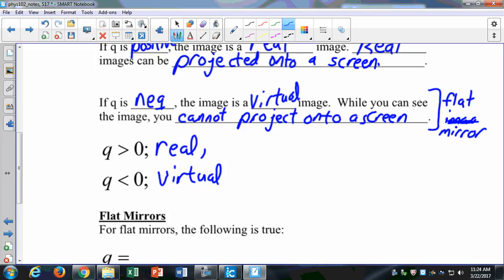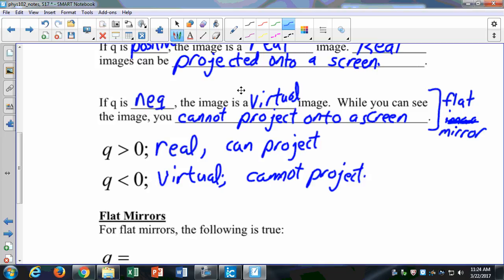Real images can project. Virtual images cannot project. But it's very important to remember these sign notations. We'll use them later. They'll be important that you keep those consistent as we move throughout. And later I'll put them all in a table for you so you can keep them in a handy place.